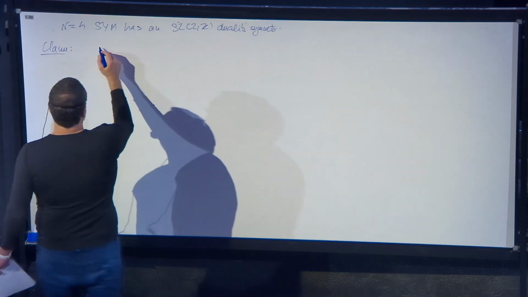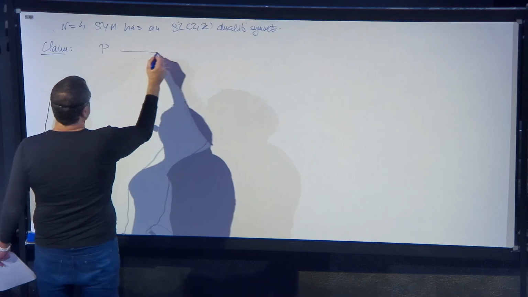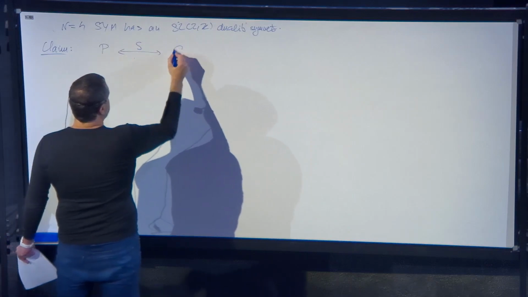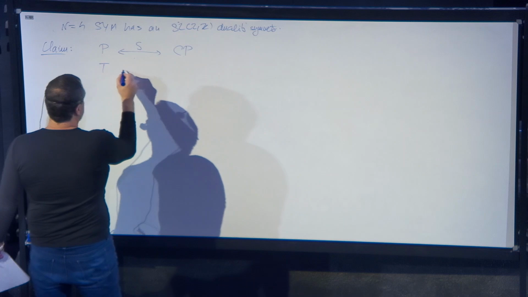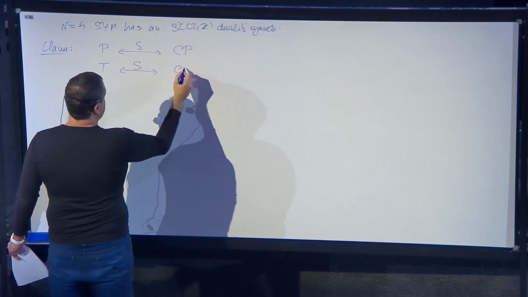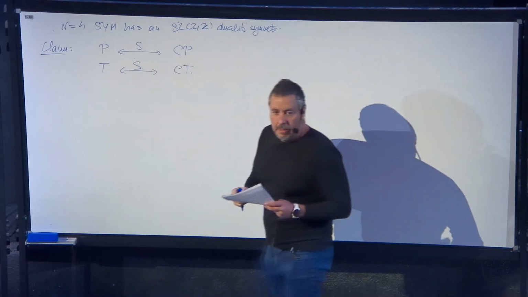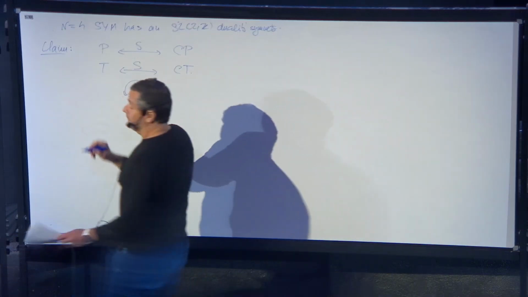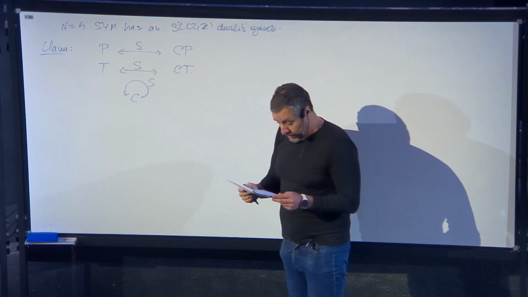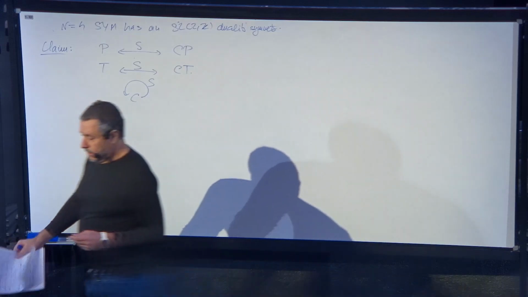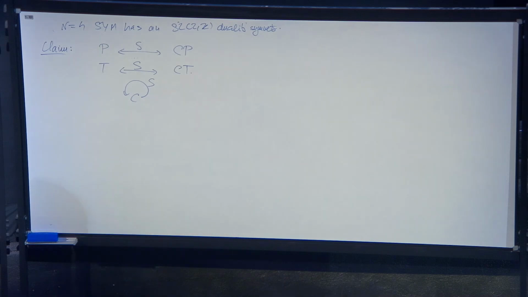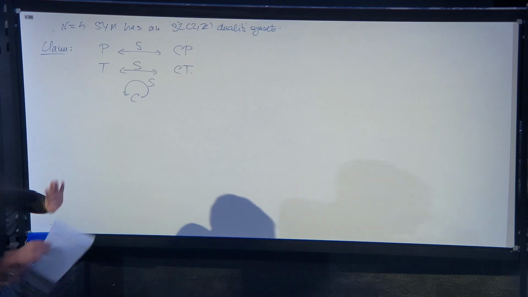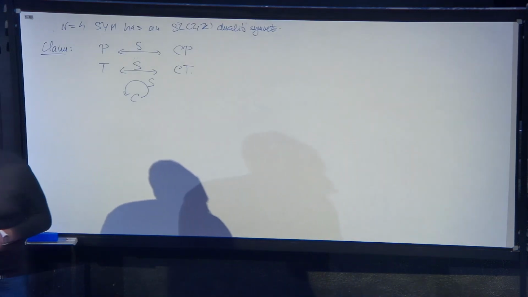The claim is that P under S duality maps to CP, and T under S duality maps to CT, while C is invariant under S duality. Okay? So the S duality transformations of N equals 4 Yang-Mills act non-trivially on the discrete symmetries of N equals 4. And that's it. There are no more symmetries in N equals 4. You're not going to find more symmetries than this in N equals 4.